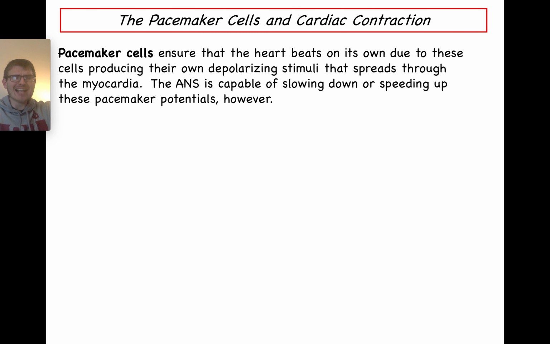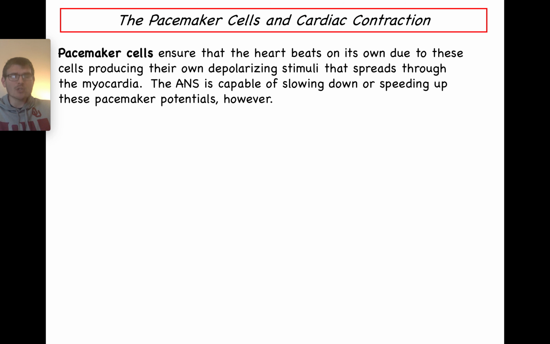Okay, so next what we are going to get into, and really what we're going to finish this discussion out on, although we still have a ways to go on this, we need to talk about the electrical conductance through the heart. We understand, of course, from the end of chapter 10, that cardiac muscle tissue, when it contracts and produces its own action potentials, derives its depolarization from pacemaker cells.